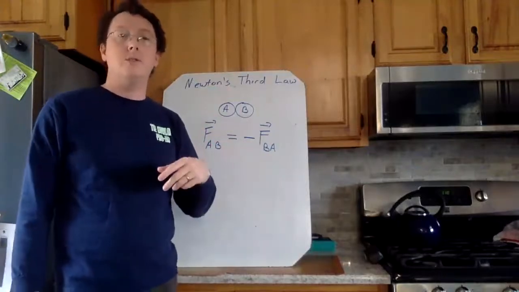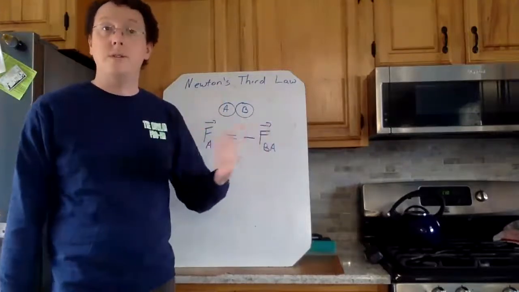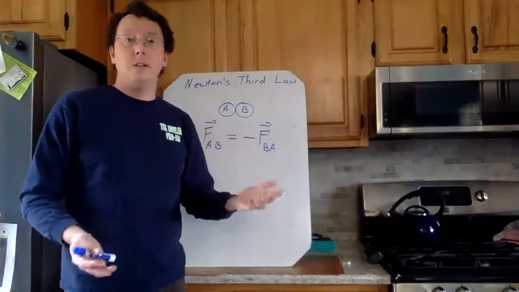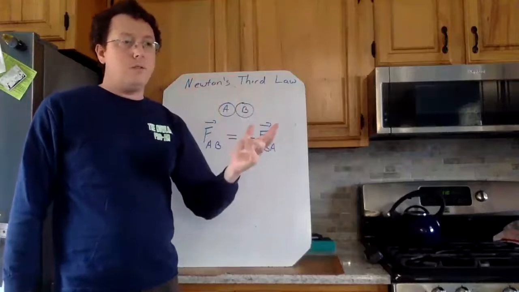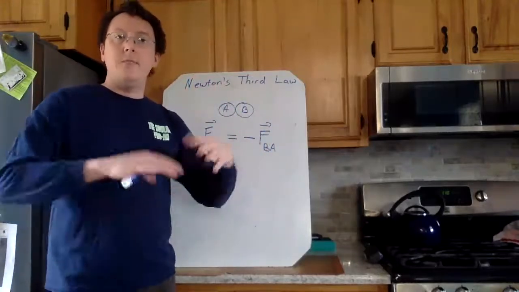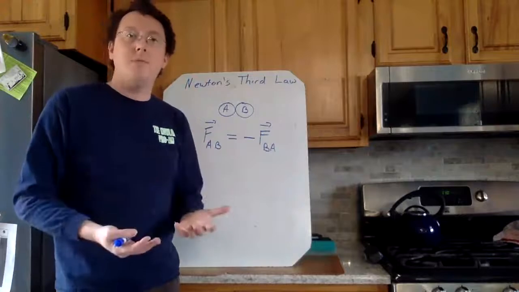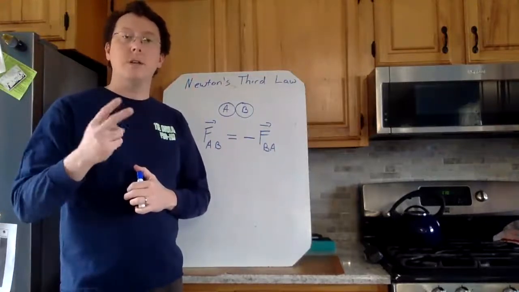The conjugate to a tension is a tension. The conjugate to a spring force is another spring force. Action-reaction pairs have the same flavor. They're the same type of force. It's just swapping the label of source and observer.